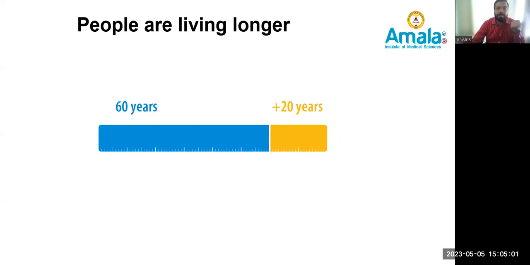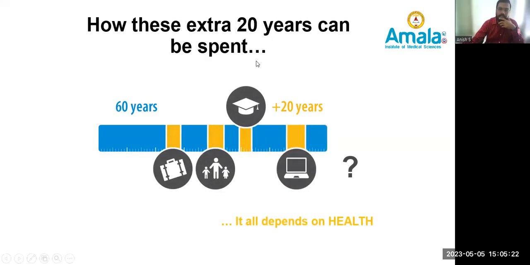And are we prepared for such a huge burden of older adults? Are we equipped, or do we really know what to do when we have such a huge population of older adults? So people are living longer. Previously, it used to be 60, now plus 20 years. Now, how do they spend these extra 20 years?